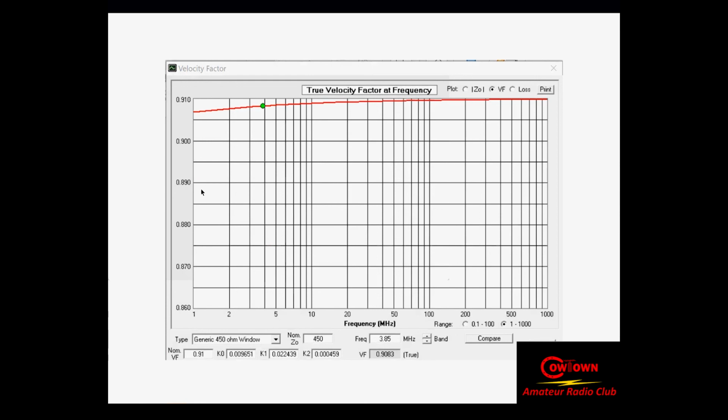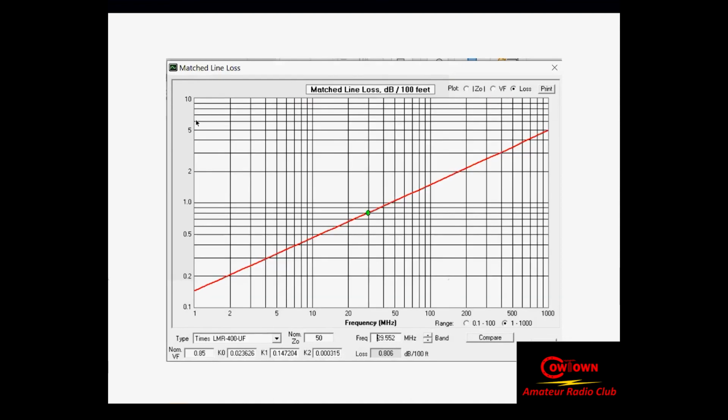So it electrically travels further in a shorter piece of transmission line. But another thing that's important to note is that the change in velocity factor is very small compared to my favorite, which is the LMR 400 Ultraflex.